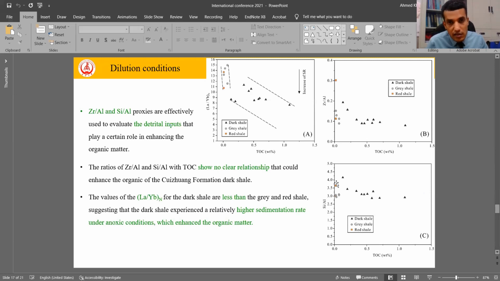This gives an idea that anoxic redox conditions and a faster sedimentation rate than the gray and red shales contributed to the enrichment of the organic matter accumulation of the Yuncheng Formation.